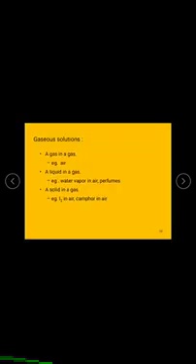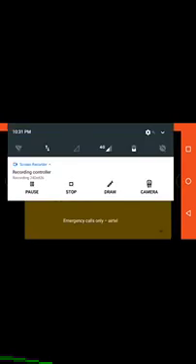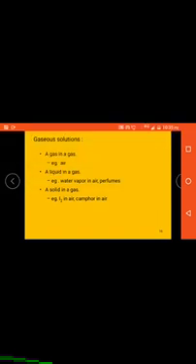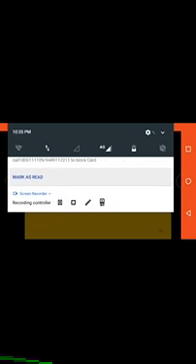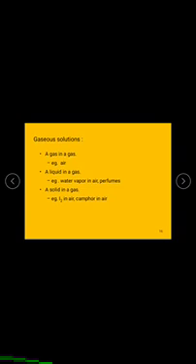Now let us see the classification of gaseous solutions. Just now we discussed gaseous solutions, which may be gas in gas, liquid in gas, and solid in gas.